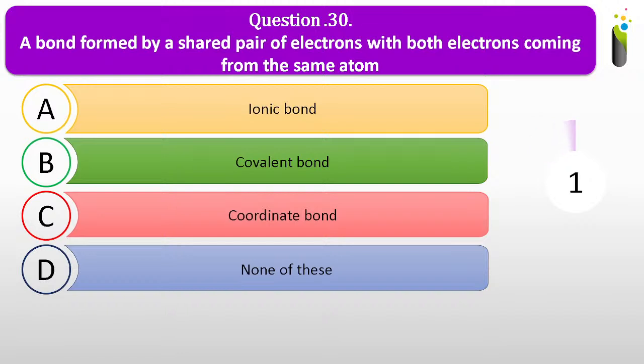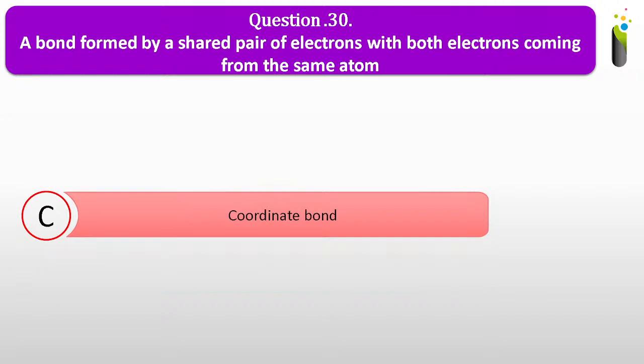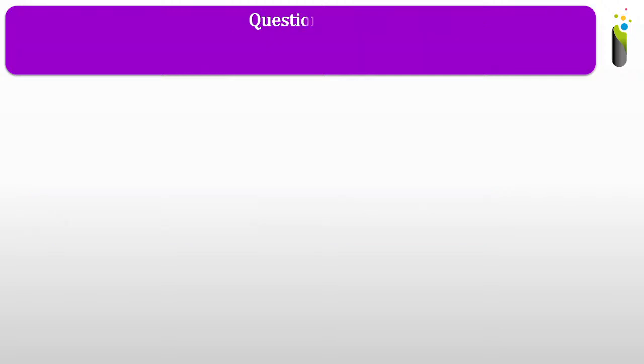So the correct answer for this question is C. Coordinate bond. A bond formed by a shared pair of electrons with both electrons coming from the same atom is a coordinate bond.